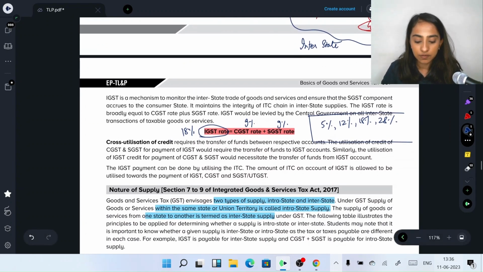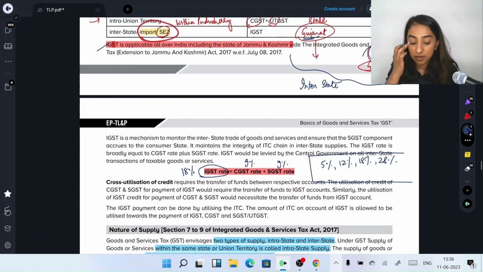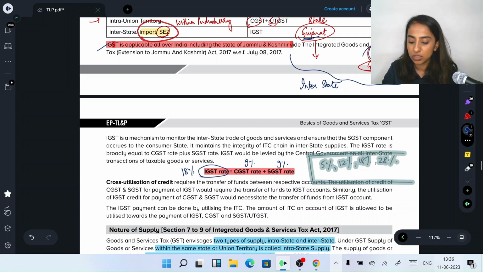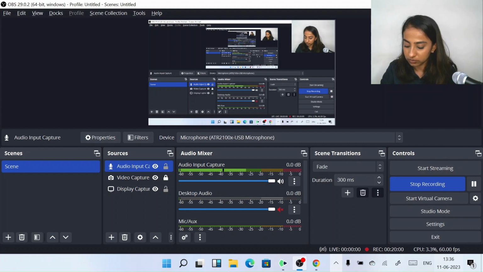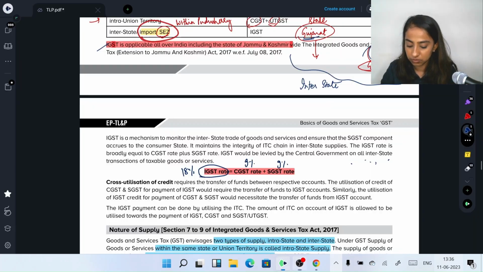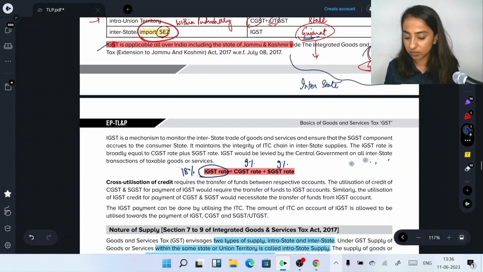Cross utilization of credit, which I mentioned earlier, can we take a moment and understand what credit really means? Let me give you a very simple example. So this is the wholesaler, this is the retailer, this is the customer, right?